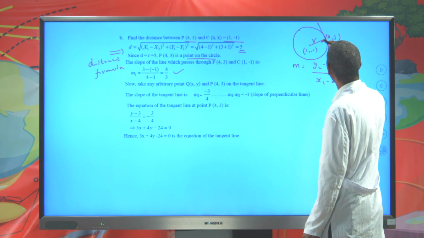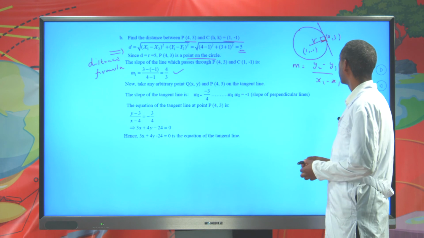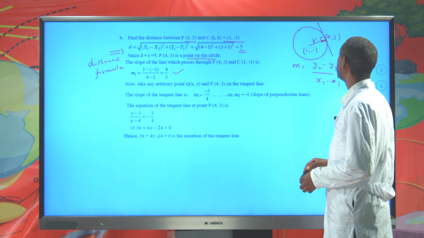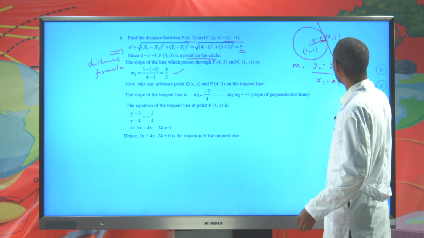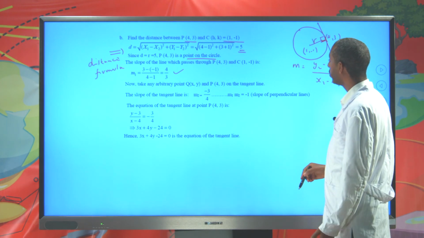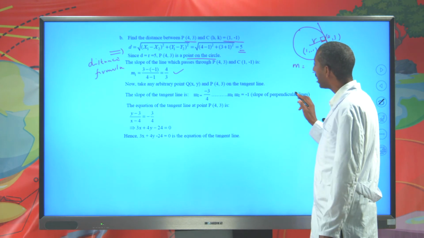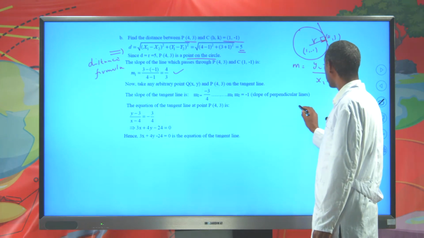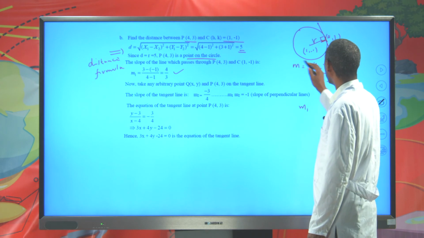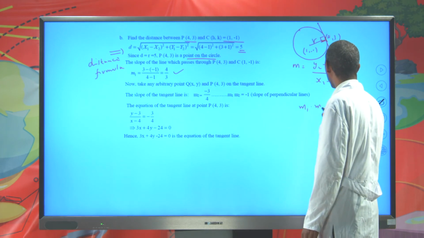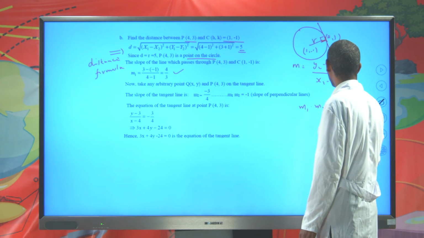And we mentioned before the radius of a circle and the tangent line are perpendicular, which means the angle between them is 90 degrees. From geometry, if two lines are perpendicular, the product of their slopes is -1. Let's say the slope of the radius is m1 and the slope of the tangent line is m2; their product is -1.